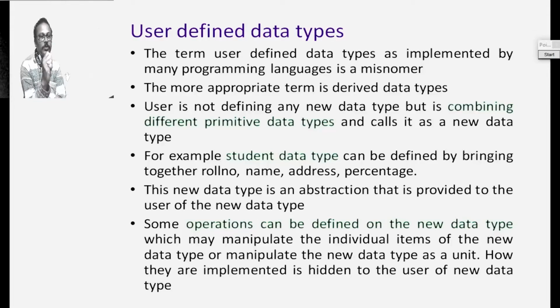What is a student? A student consists of say roll number, name, etc. Here we are combining the primitive data types: roll number is an integer, name is a string, address is a string, marks are numbers, etc. But we are combining them. So user-defined data types, derived data types, are also an abstraction.